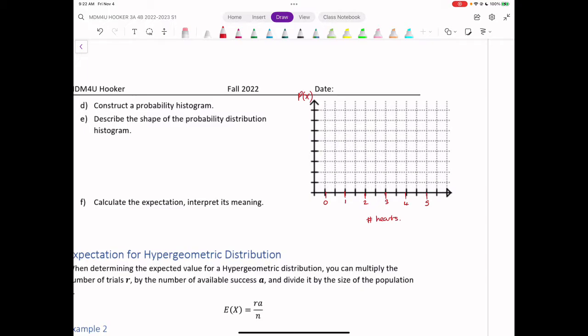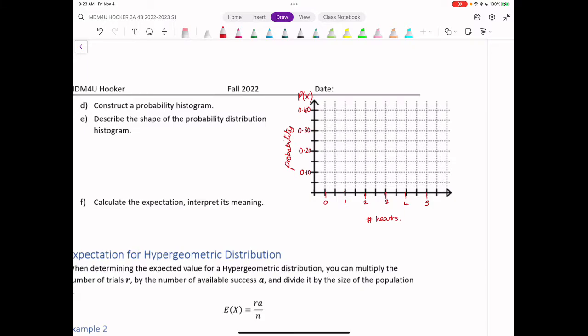So we go up to 0.411 as a maximum. So let's do this 0.10, 0.20, 0.30, 0.40. You might find it easier to do your probability histogram if you label them up like that with 2 decimal places instead of 1.